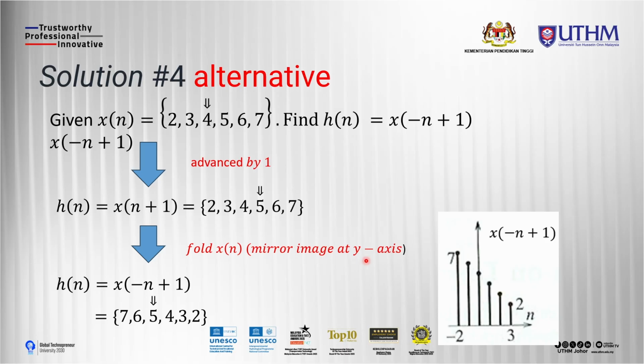You just directly flip this signal without changing the origin, changing the left hand side signal to the right and the right to the left. Then the answer will be like this. This is a figure. I would say the alternative is quite straightforward, but it is up to you whether you want to shift first then fold, or fold first then shift. This is all fine as long as you can get the answer correctly.